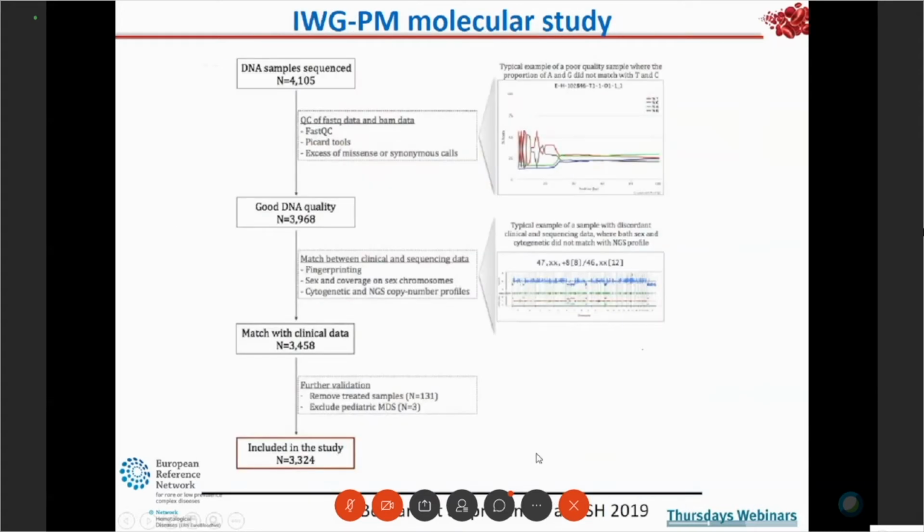This is why the International Working Group in MDS has set up a huge study, including more than 4,000 cases of MDS collected all over the world. The final number of patients included in the study and presented by Elsa Bernard last year is more than 3,000.